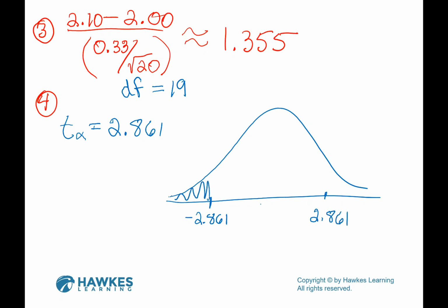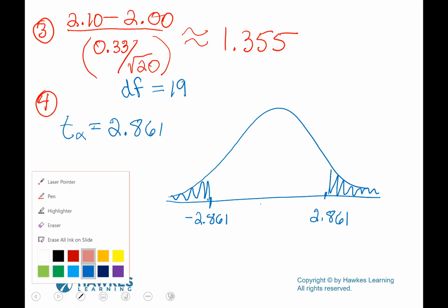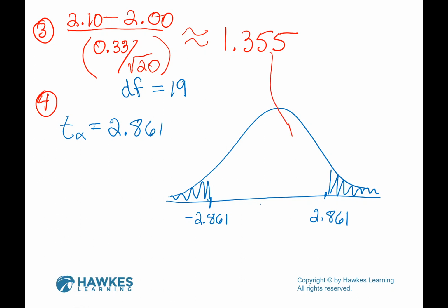If it's in either one of these tails, we will reject the null hypothesis. But in this case, 1.355 is somewhere over here. So what's our conclusion? We fail to reject. If it was in one of the tails, we would reject, but since it's in the middle somewhere, we fail to reject the null hypothesis.